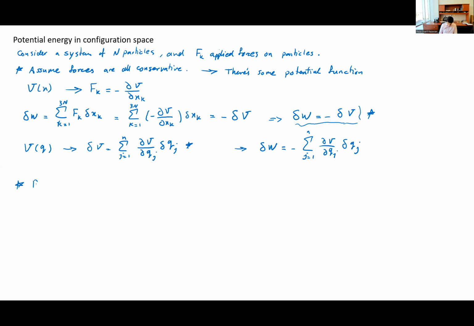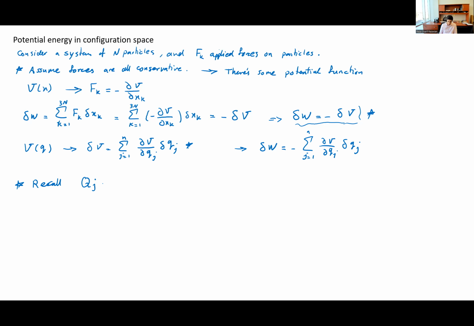One other thing, recall from before, we defined generalized forces Q_j. It was the effect of all applied forces along the direction of the generalized coordinate j.